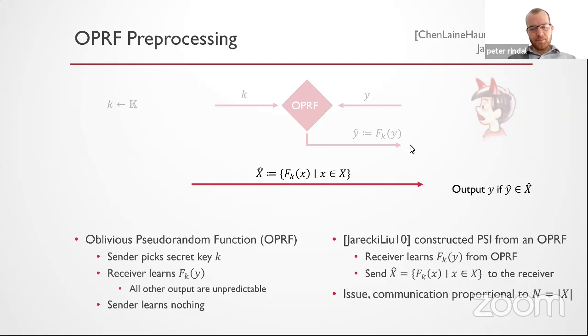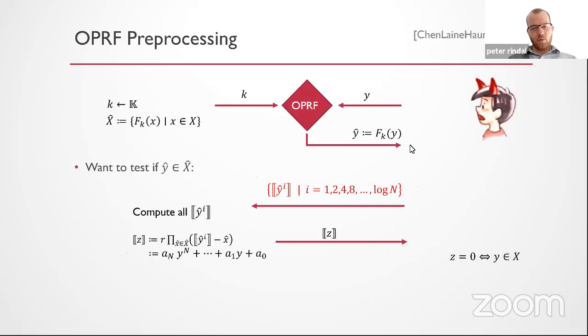So we observed this and said, okay, can we just first run the OPRF protocol to encode the plaintext sets X and Y into X hat and Y hat? And then we'll run our semi-honest PSI protocol on these encoded sets. And now you can ask, well, what if the receiver sends some bad ciphertext?